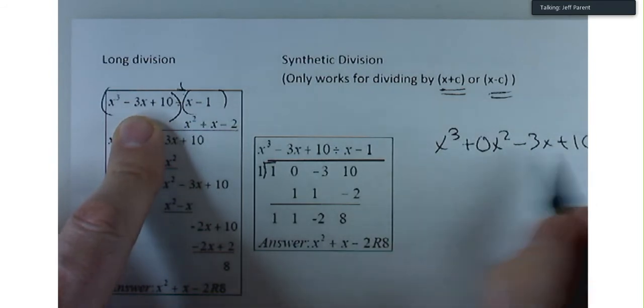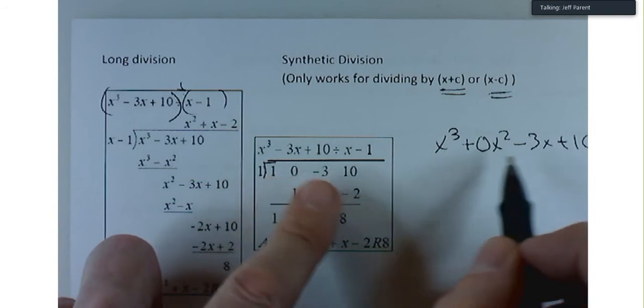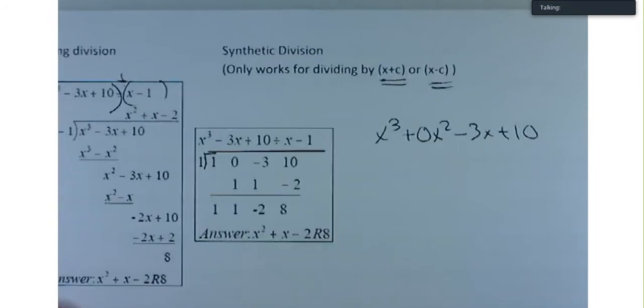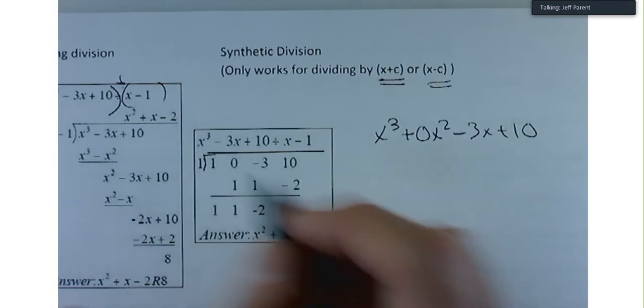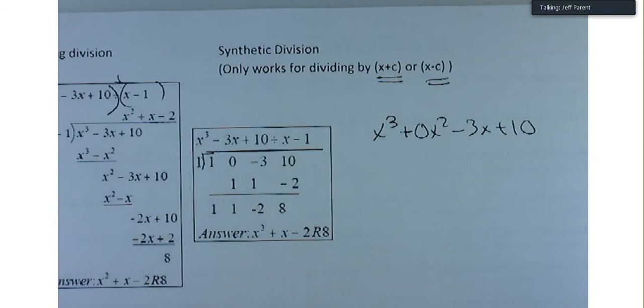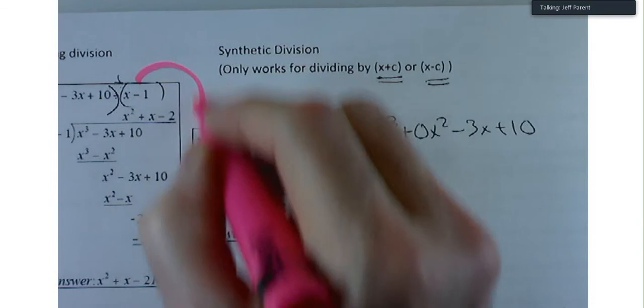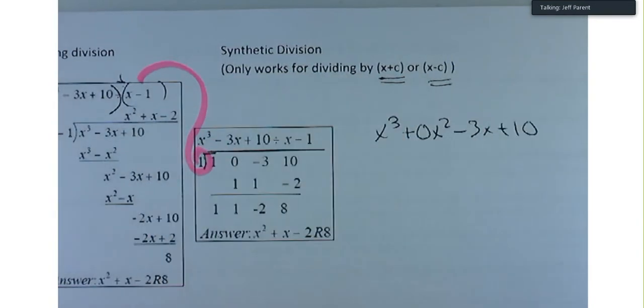And now the coefficients are right here: 1, 0, negative 3, and 10. Okay. If I'm dividing by x minus 1, then I get a little change of sign here. Divided by x minus 1 means I'm going to put a plus 1 out in front.